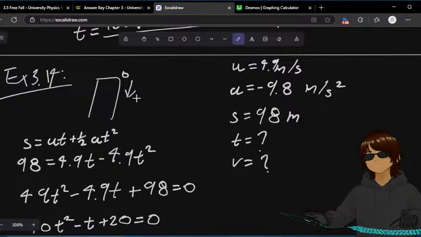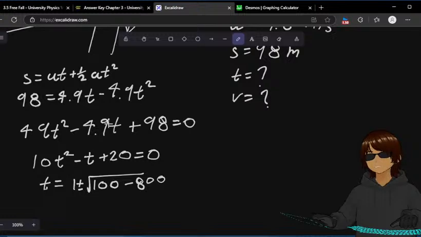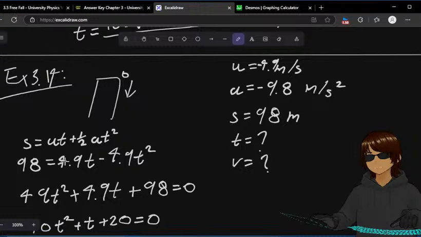The negative, this is the negative direction, so this is minus 4.9, so this becomes positive, but that doesn't make a difference. It would just be easier to treat the downward direction as positive.